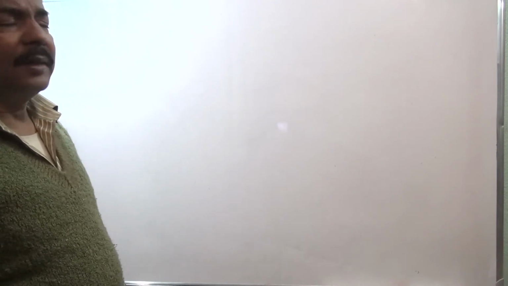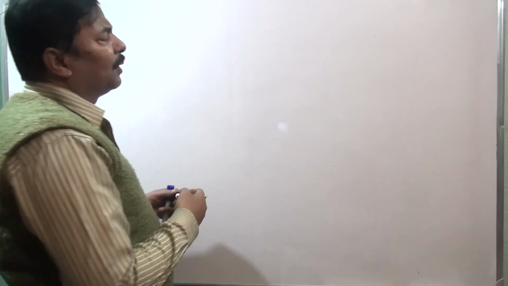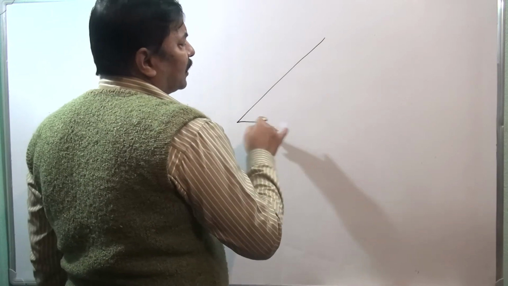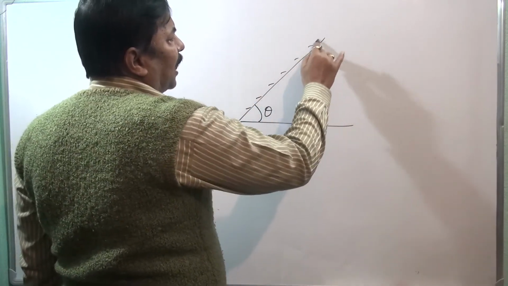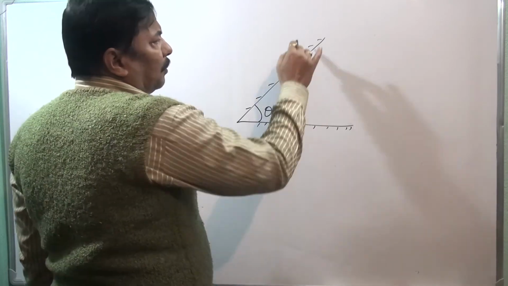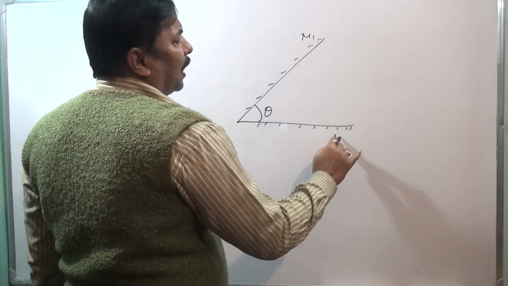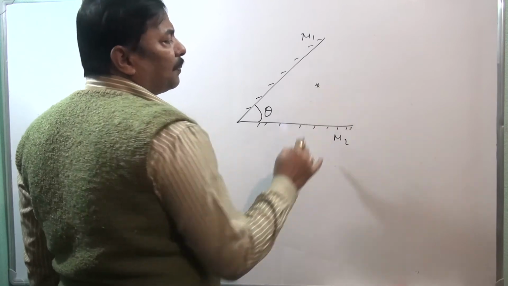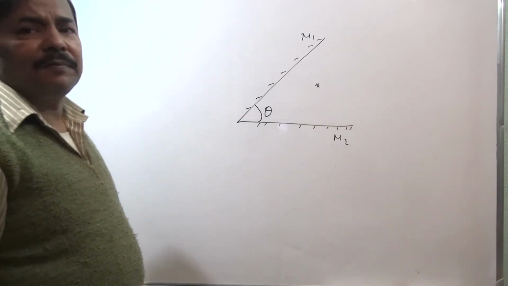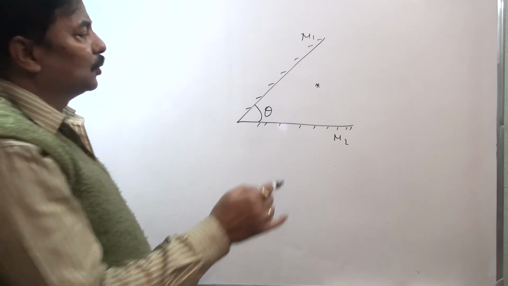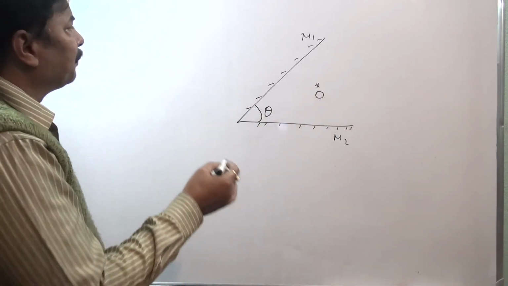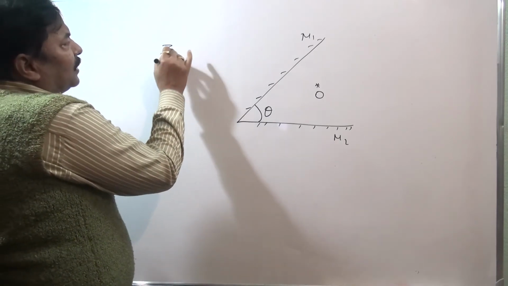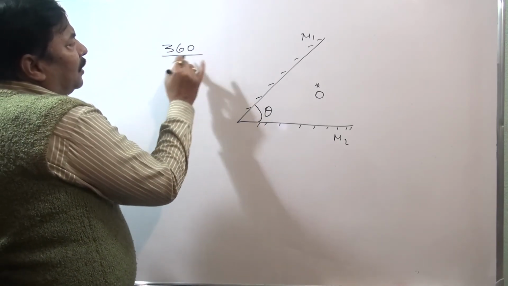Now in the last portion of plane mirror, we have to find the number of images when two plane mirrors are inclined at a certain angle. Here mirror M1 is there and mirror M2 is there, and an object is kept here. How can we find the number of images? In this case you have to remember a ready-made formula: divide 360 by theta.